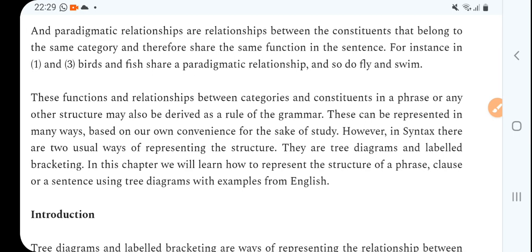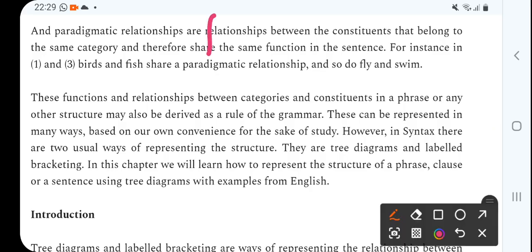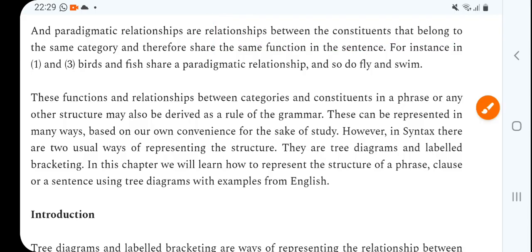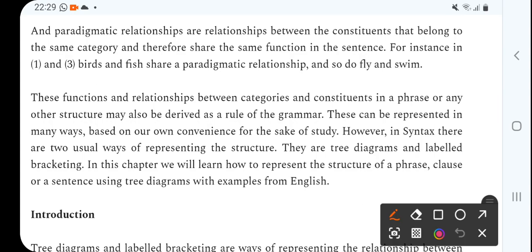Paradigmatic relationship is the relationship between constituents that belong to the same category and therefore share the same function in the sentence. For example, in first and third, birds and fish share a paradigmatic relationship, and so do fly and swim.